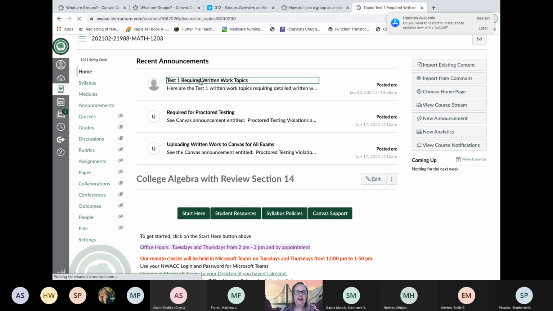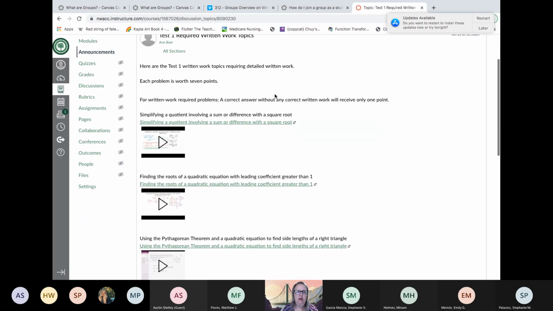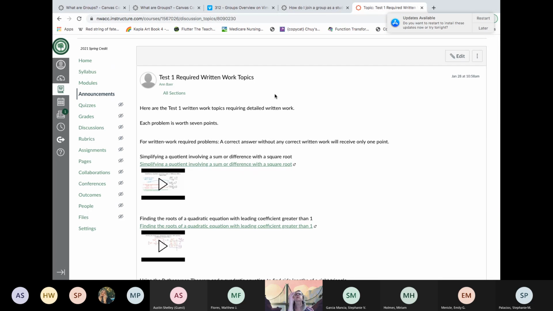Let's take a look at test 1 required written work topics. We will talk more about this probably a little bit later today, and this is very important. For test 1, test 2, test 3, I can do this, but I cannot do this for the comprehensive final. It would be in violation of departmental policy, and I'm not going to risk my job for it. I wish I could, but I can't.